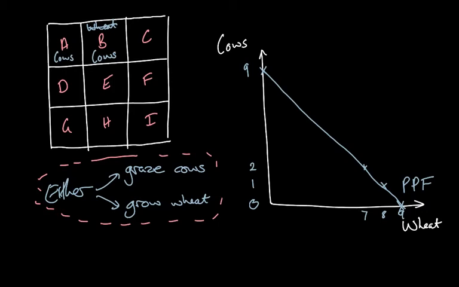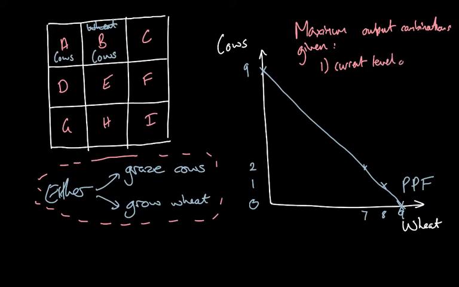And the way we describe this is that this is showing us his maximum output combinations given 2 key things. 1, current level of resources, and 2, constant technology.